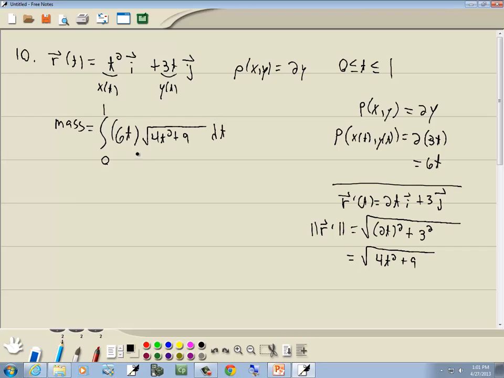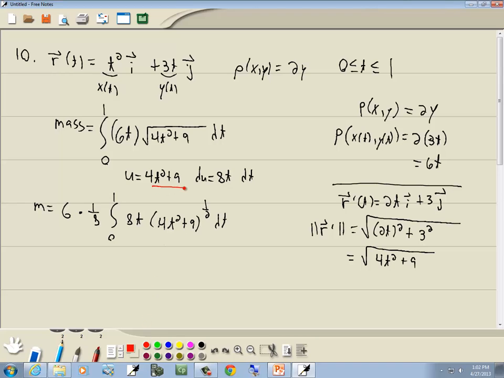Well, this is a u substitution. If we let u equal 4t squared plus 9, du would equal 8t dt. We don't have the 8. We have the t, so that's good. So for our mass, I'll go ahead and put the 6 clear out in front, and we're going to put an 8 inside, so I'll offset it with the 1/8 out in front. And we've got our 8t, and I'll rewrite this as 4t squared plus 9 to the 1/2 power dt.